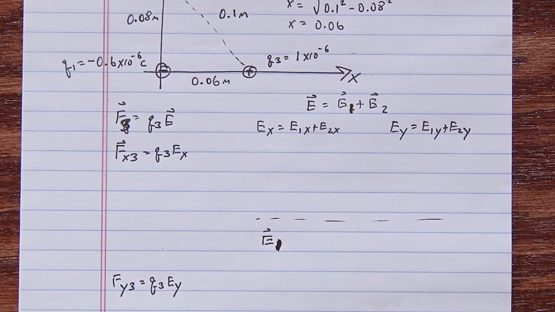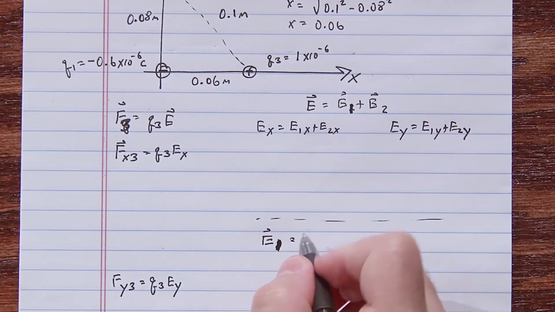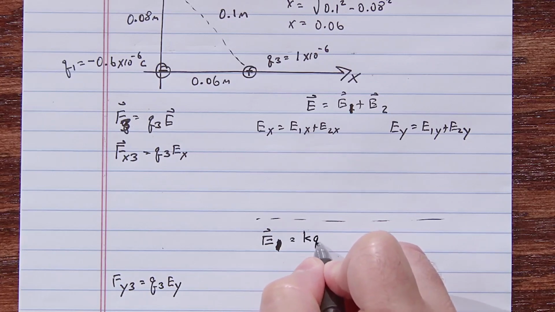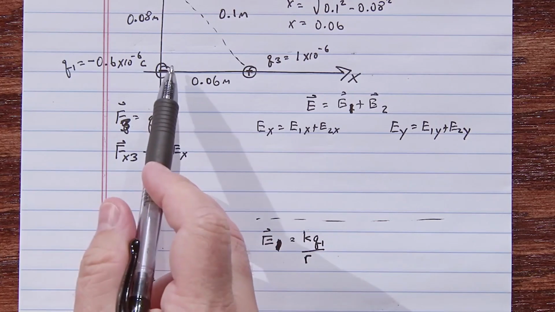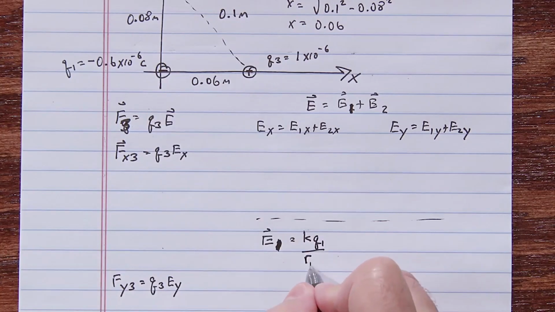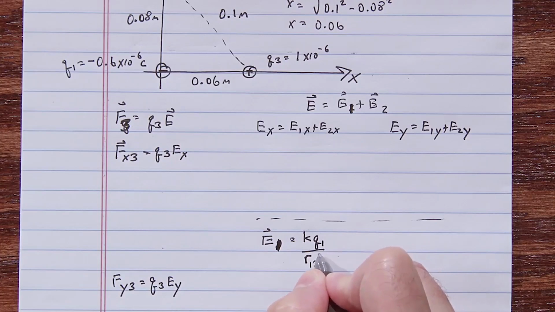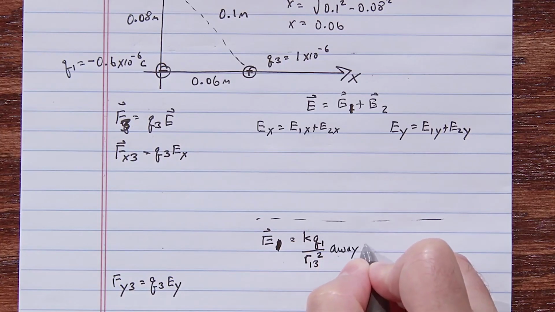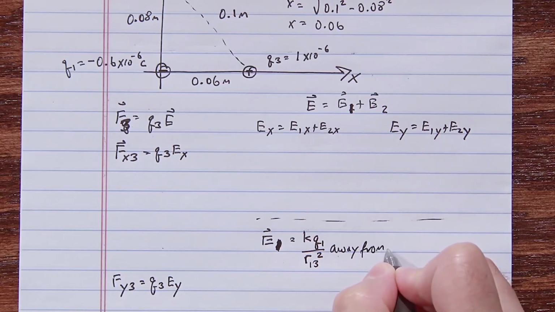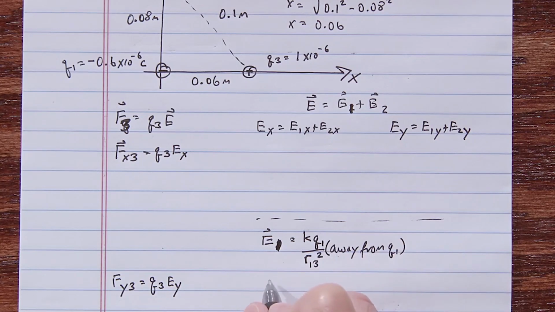The electric field from charge 1 is going to be equal to k times Q1 over the separation between charge 1 and charge 3, r13 squared, away from charge 1.